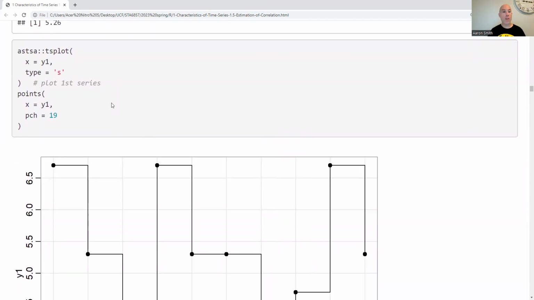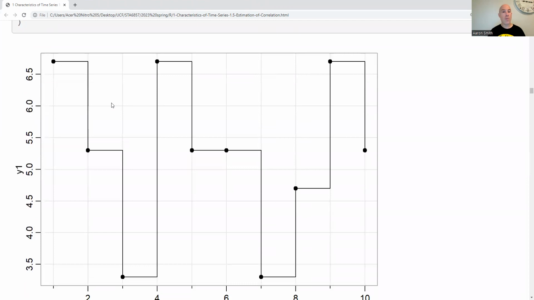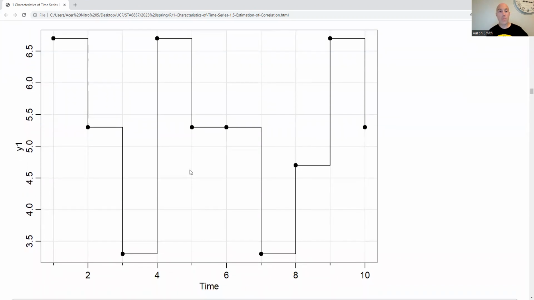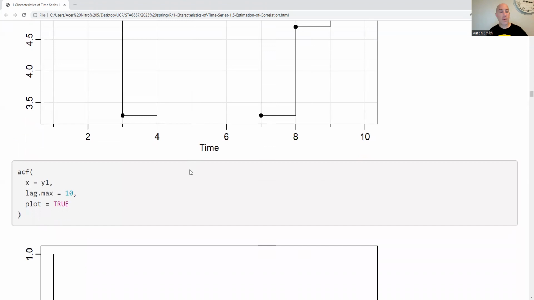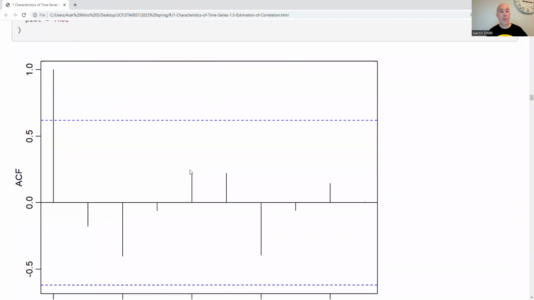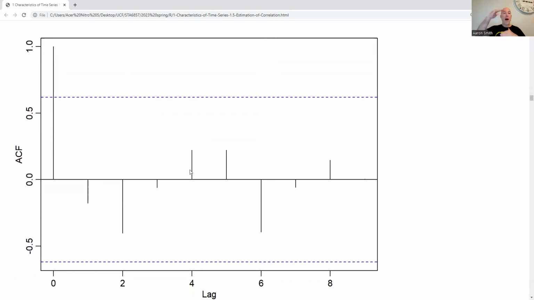And here is our plotted time series. The author chose to make this look like stair steps, which seems reasonable for this one. And here is our autocorrelation. Now, notice how high up this dashed line is, how much higher up than the next one it's going to be.